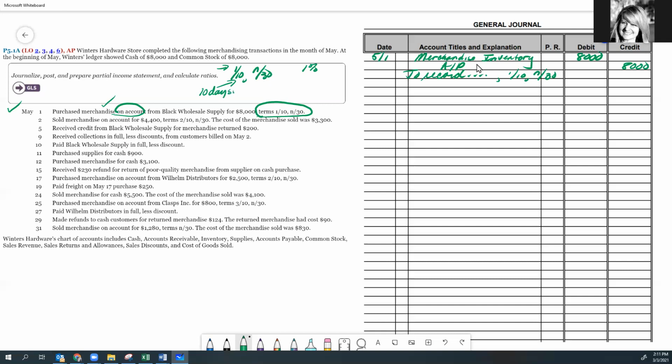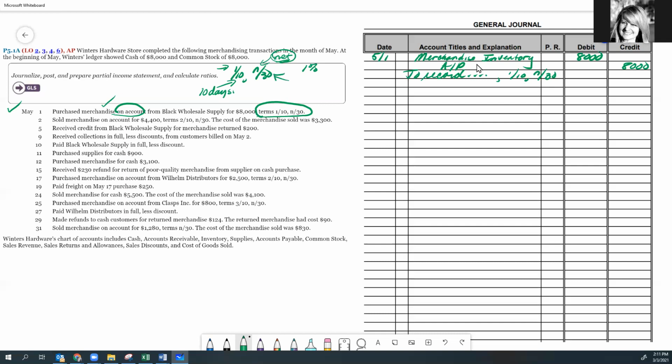And if we don't pay within 10 days, we have to pay the whole net amount. By net, they simply mean that it's net of any returns or any allowances. But effectively, it means the whole amount that we owe, we need to pay within 30 days.